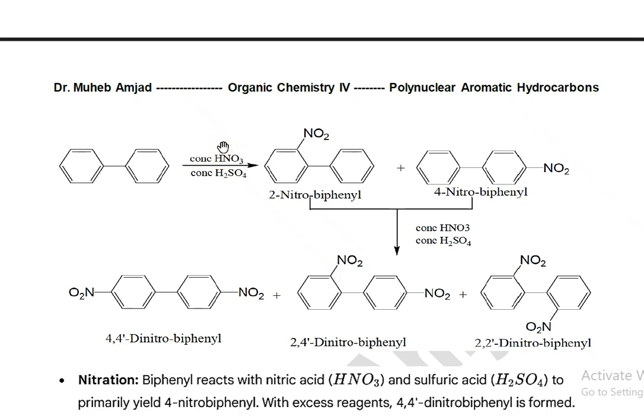The NO2 group will come at position number 2 or position number 4 or 6. Okay, 2 or 6, both of them are the same here, to give us 2-nitro-biphenyl. Or at position number 4, it will be 4-nitro-biphenyl.